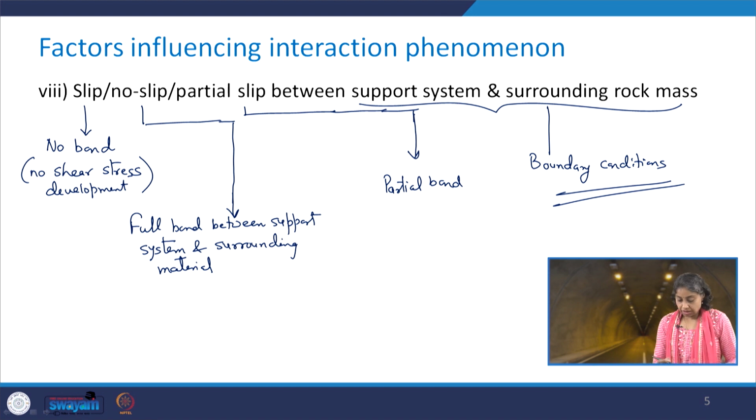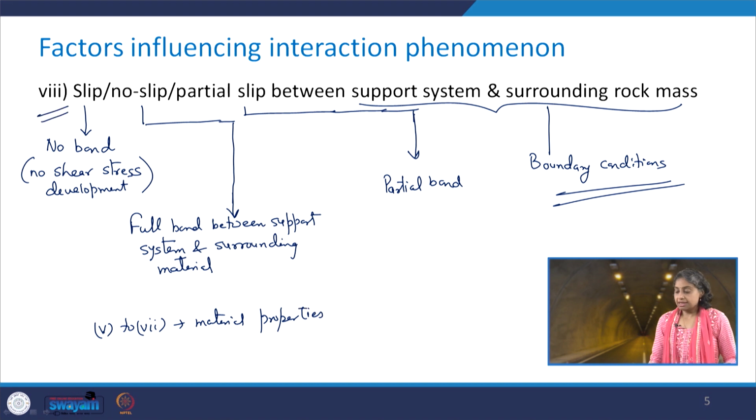So the properties that we discussed earlier, which were 5th to 7th, were the material properties, and this 8th one, here we talk in terms of the boundary conditions.